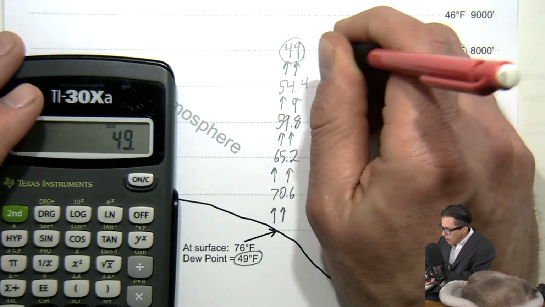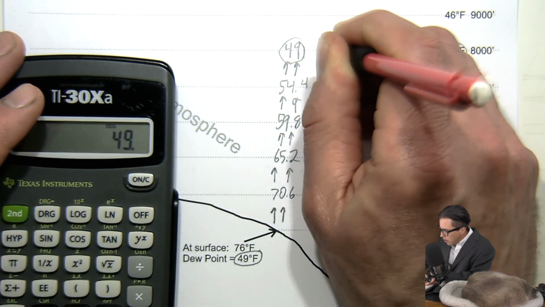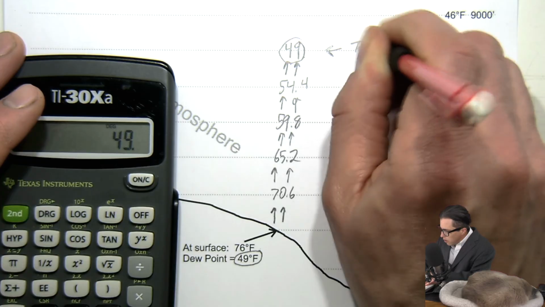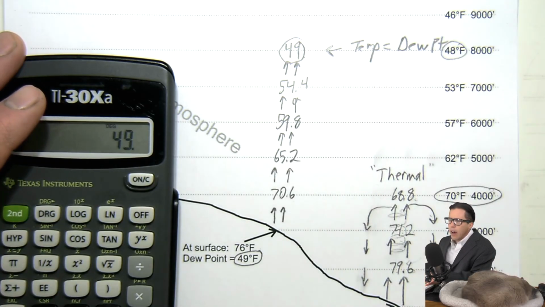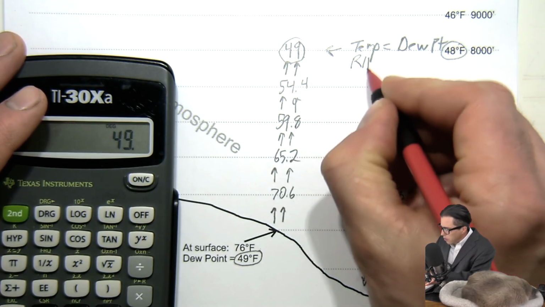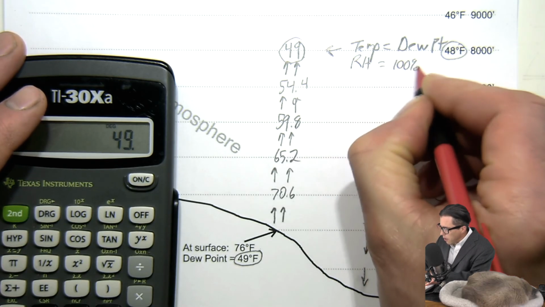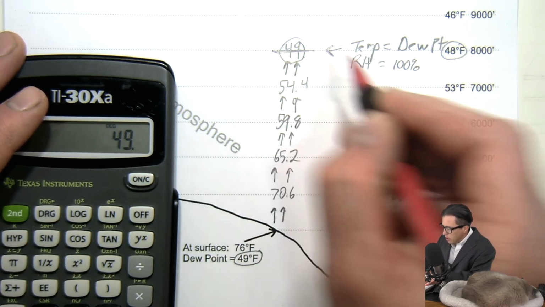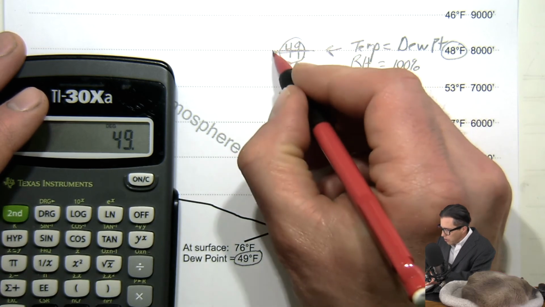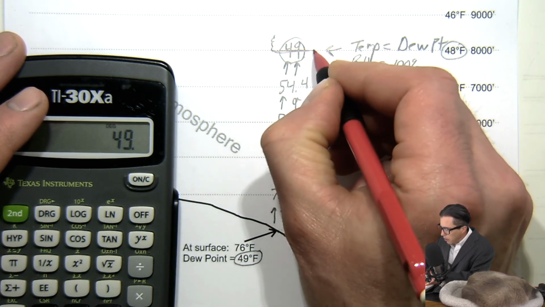So right here, temperature is now equal to the dew point. And what's the relative humidity when that happens? Relative humidity is 100% right there. And we get condensation starting at this point, and we're going to start building a cloud. Okay?